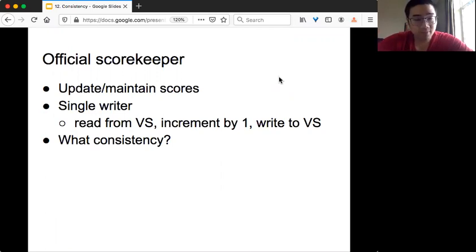And to simplify our life, we assume that there is only a single writer, so only one person who does this update. So remember, how do we update it? We read the value from the database, increment it by 1, and then write it back. So in this case, what would be the consistency model that we need in order to ensure correctness?